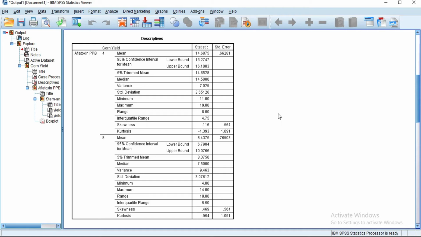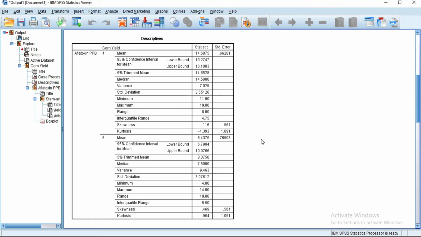So that's how we judge whether this sample can be from a normal distribution or cannot be. In this particular situation, considering yield number 4, if you divide this 0.116 by 0.564, that result is very small, so you can say your skewness is not significant, or that your data is approximately symmetrical.